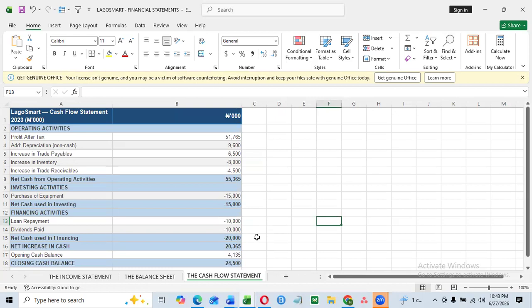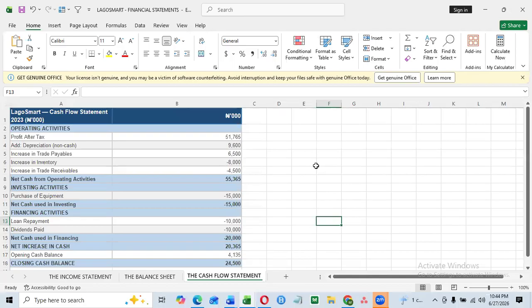So before we close this first lesson, I want to ground this in our Nigerian reality. Financial management in Nigeria has unique challenges. One of the first challenges is high inflation, currently hovering above 30%, which erodes the real value of money.